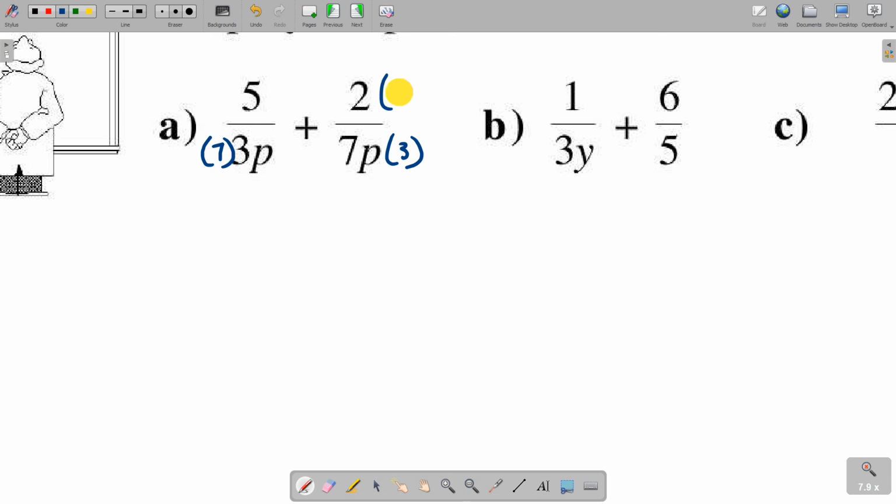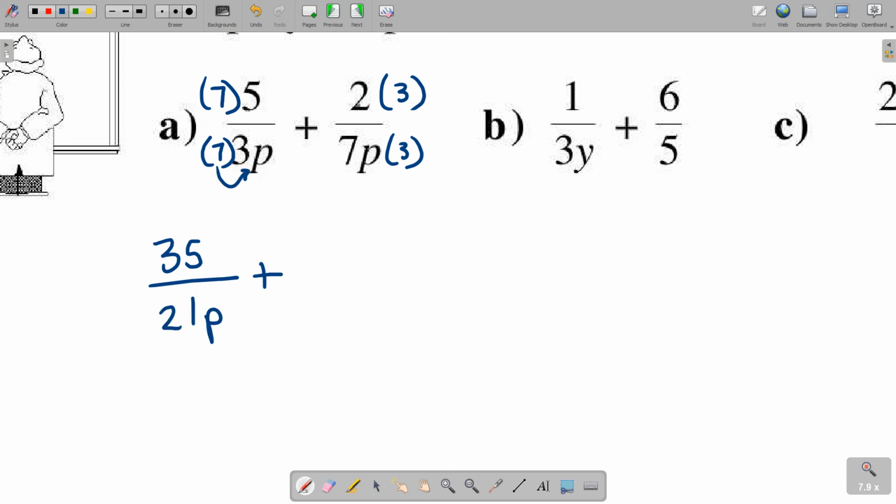That tells me what I need to do, both in the numerator and denominator. 7 times 5, 35, over 7 times 3, 21p.